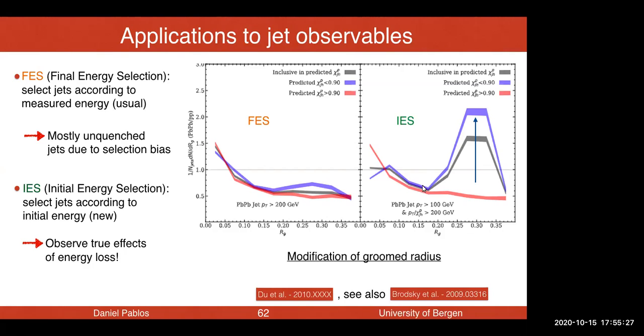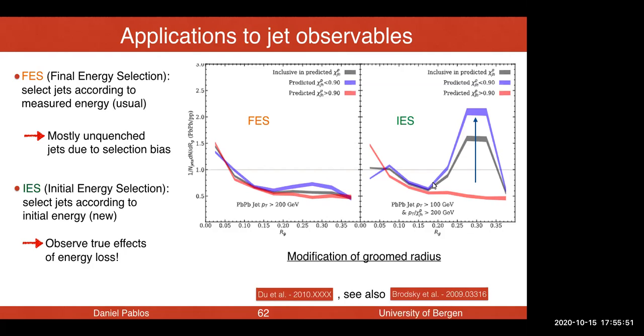And here you see the actual effects of energy loss. This is what you get in experiments right now. You get a narrowing of RG. And the only explanation for this is a selection bias. It's interesting, but still boring in the sense that it's common to all models. You're not really seeing what the effects of energy loss are.